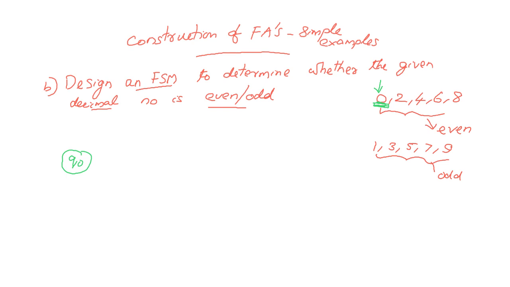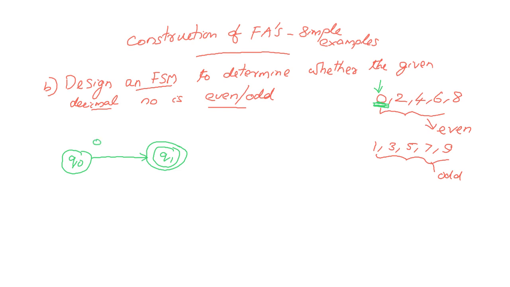Now, let's say the minimum string that you can get is with one character. It can be 0, 2, 4, 6, or 8. If you get any of these, you will have to go to the final state. Let's draw it. From Q0, suppose you are having Q1 as the final state. It means that if you are getting a string of length 1, which has only one of these digits 0, 2, 4, 6, or 8, you'll have to make a transition to Q1.